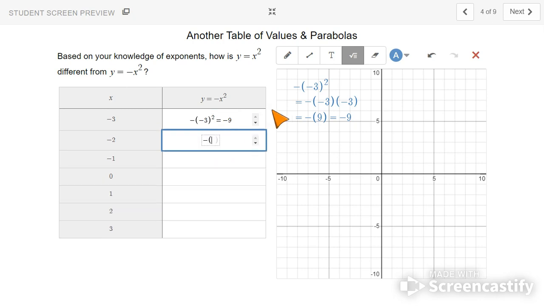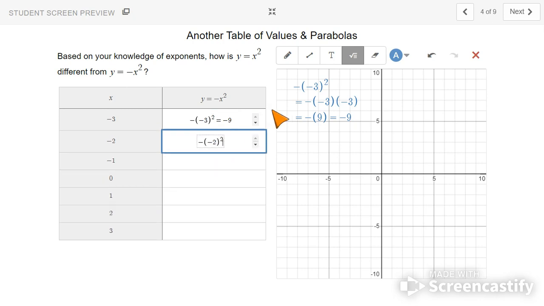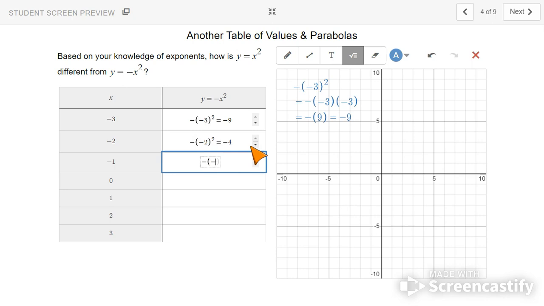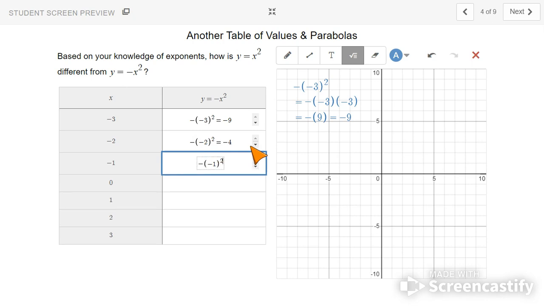For the next one, negative times -2 squared. -2 squared is positive. A +4 times a negative, -4. Negative times -1 squared is equal to, this is our +1 and a -1, -1.